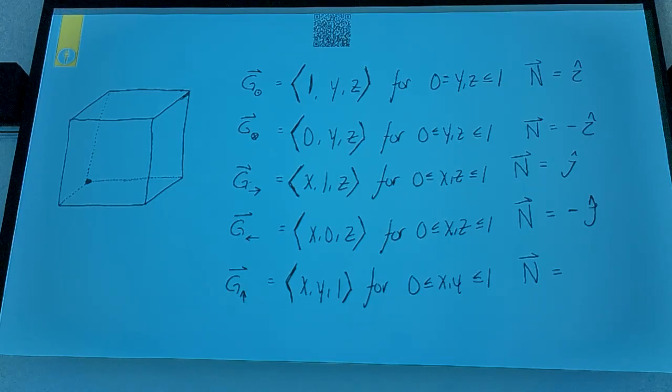Positive what? Positive z, right? Which is what vector? 0, 0, 1. Or just k hat. k hat, 0, 0, 1.